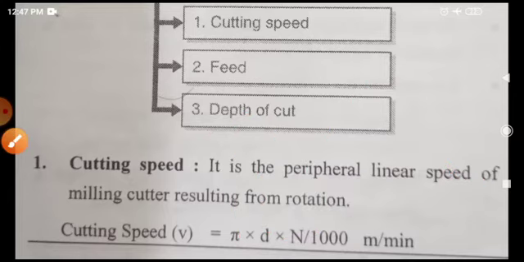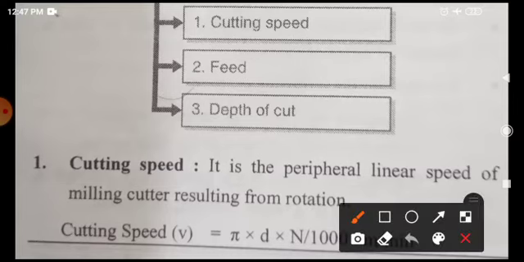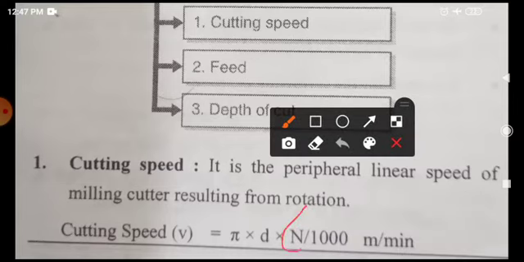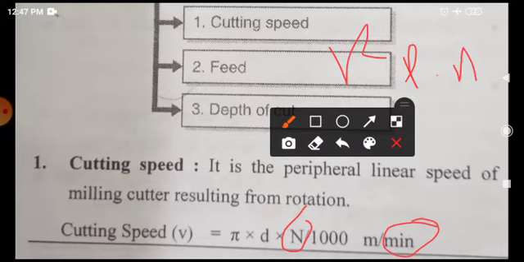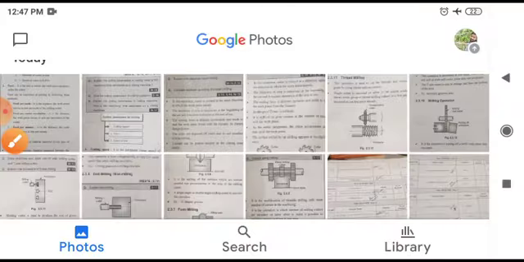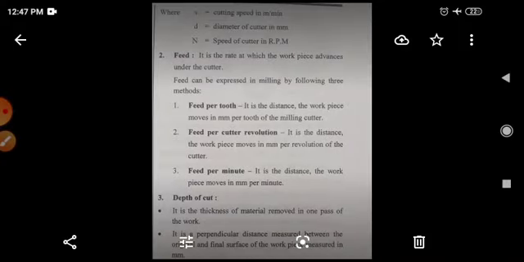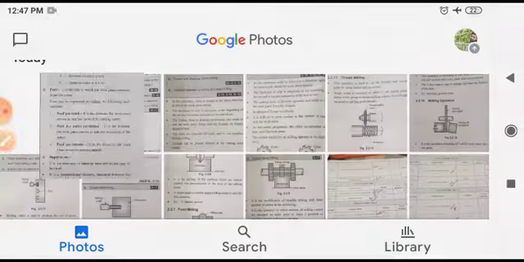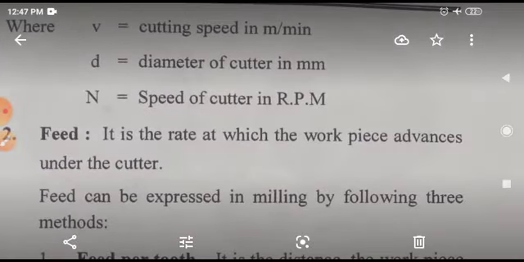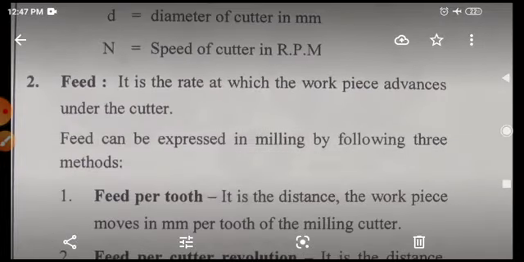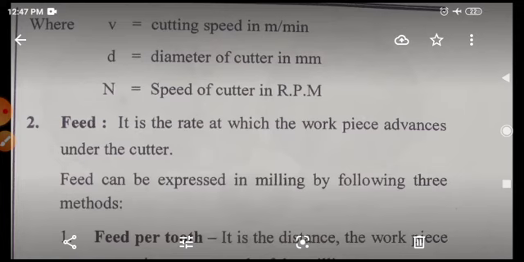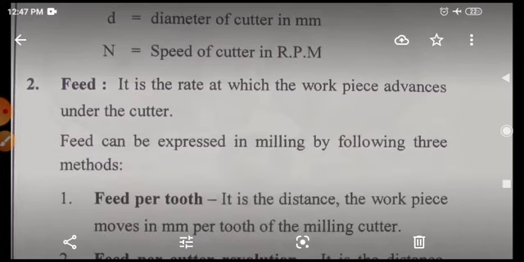So the cutting speed of the tool tip is pi d n upon 1000 in meters per minute, because you are considering the number of turns in revolutions per minute, so the denominator of this velocity is in minutes. Here V is cutting speed, d is diameter in millimeters, and n is speed of the cutter in rpm.